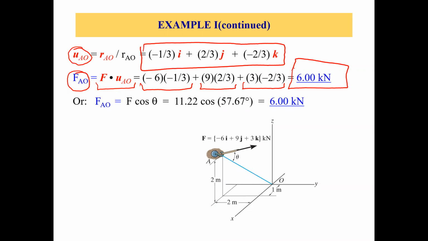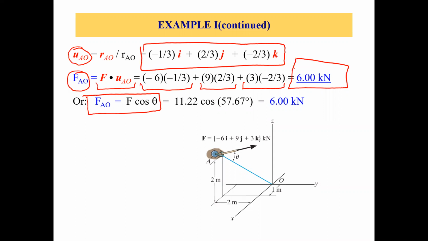And if you remember, we discussed earlier in the lecture that we can use the dot product equation to find this FAO also. So we can use FAO equals F times cosine theta, because we already found the angle theta.